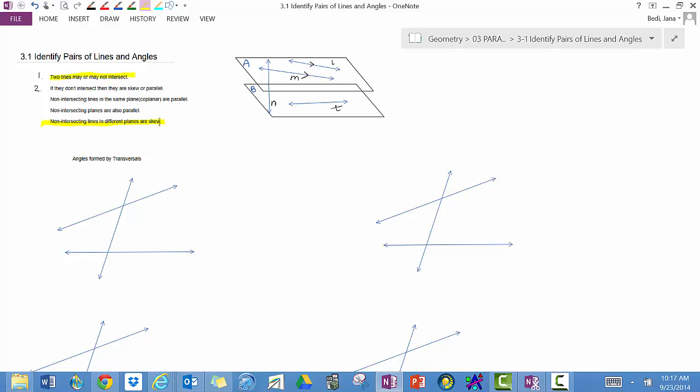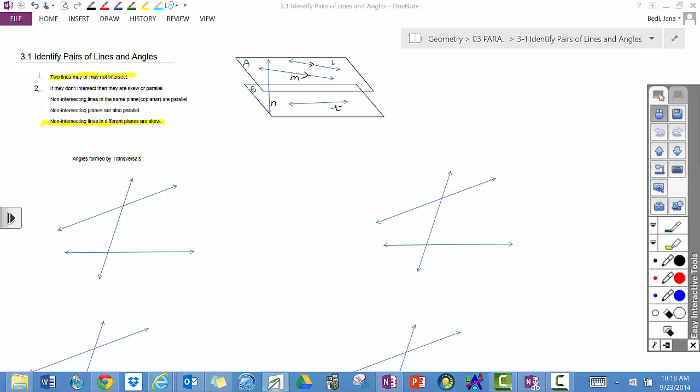Next, let's look at the example of two lines that are being intersected by a third line. The intersecting line is always called the transversal. So let's first of all identify the angles that are formed and the name that we give to them.